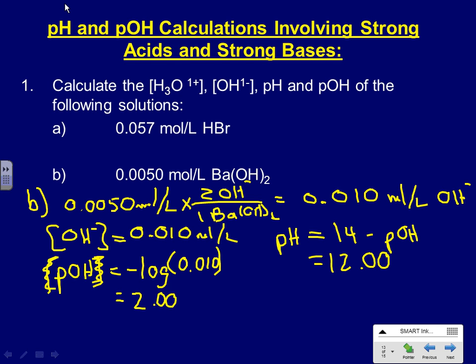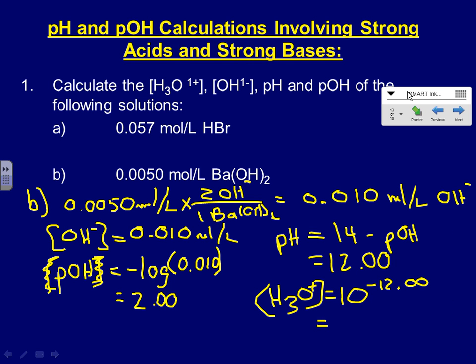And then to get the H3O plus, again, I don't need to see it, but if you make a mistake, you're running the risk. 10 to the negative 12, well, if you run that in your calculator, you're going to get 1.0 times 10 to the negative 12 moles per liter.